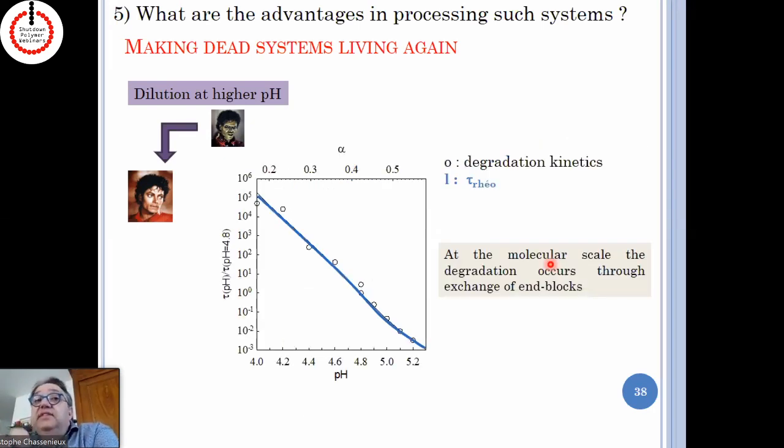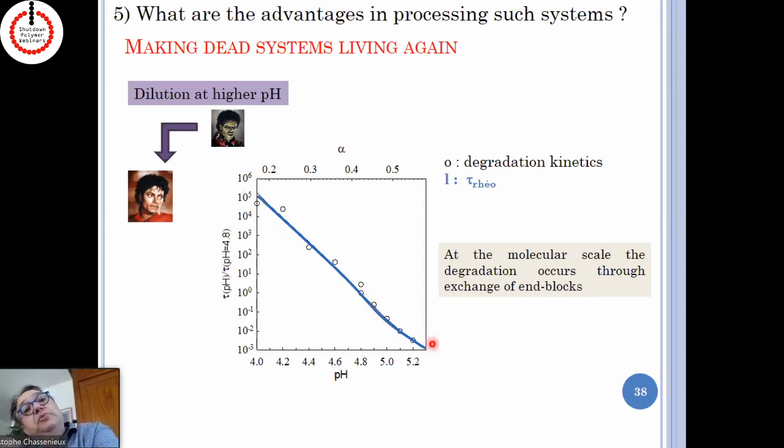And if you look at this degradation kinetics, which is displayed by the circles on this curve, where we show the relaxation time measured initially divided by the relaxation time measured at pH 4.8. So this is the data which are here.